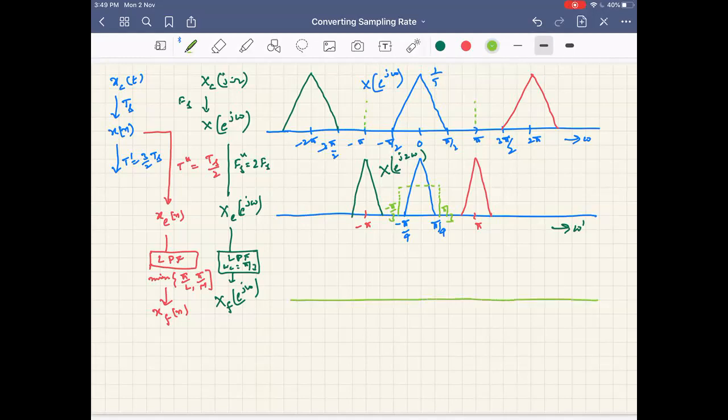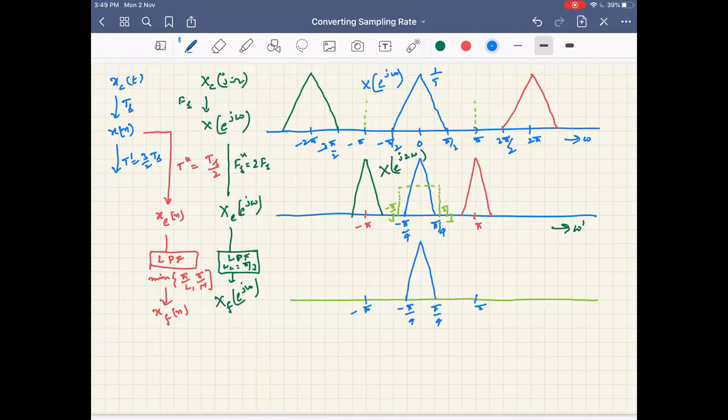Multiplication with the low pass filter gives us the spectrum that is non-zero from minus pi by 4 to pi by 4, and eliminates the other frequency components that are not there in the original signal. If we had applied a low pass filter similar to the upsampling process, from minus pi by 2 to pi by 2, that also would have eliminated them, but in this case it doesn't make much difference.